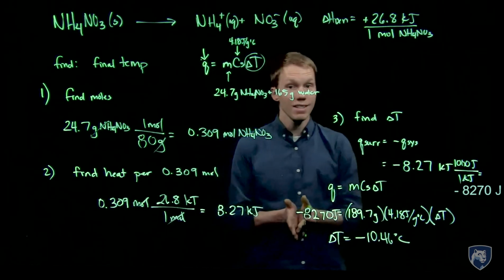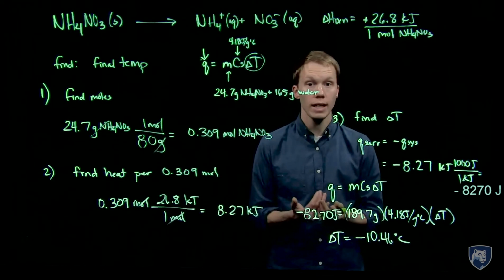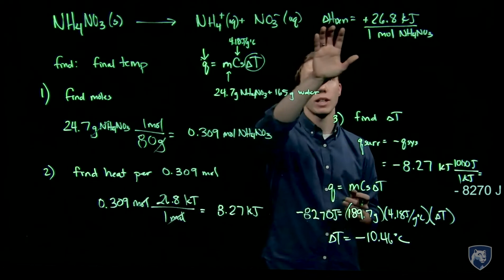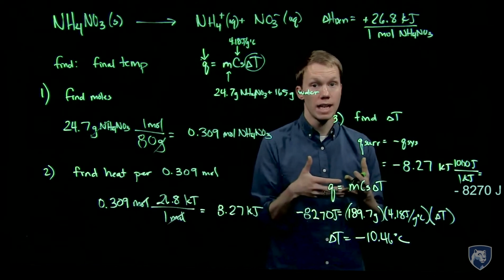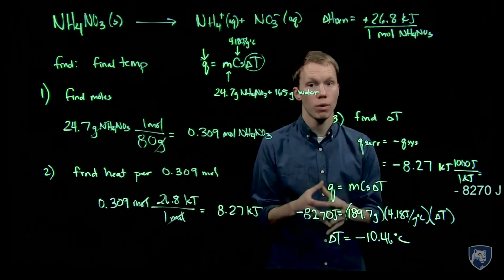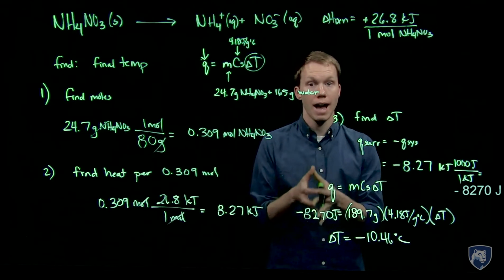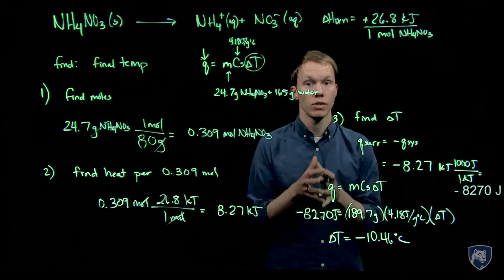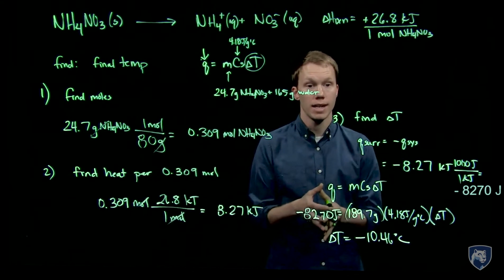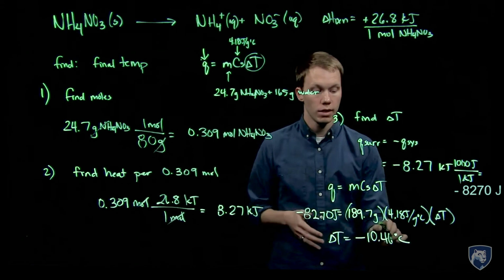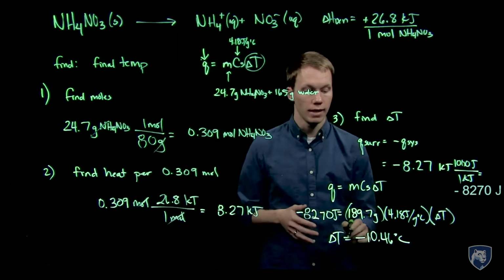That should make sense, that my temperature is cooling if my reaction is absorbing the heat from the surroundings. So you always want to make sure that you have your signs correct because you can easily make a mistake with the positive or negative sign there.